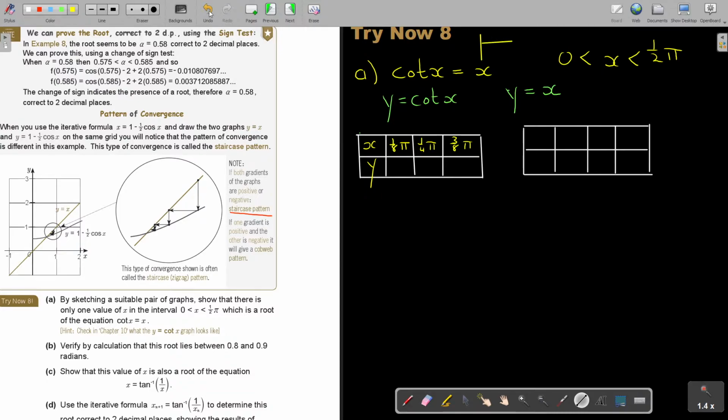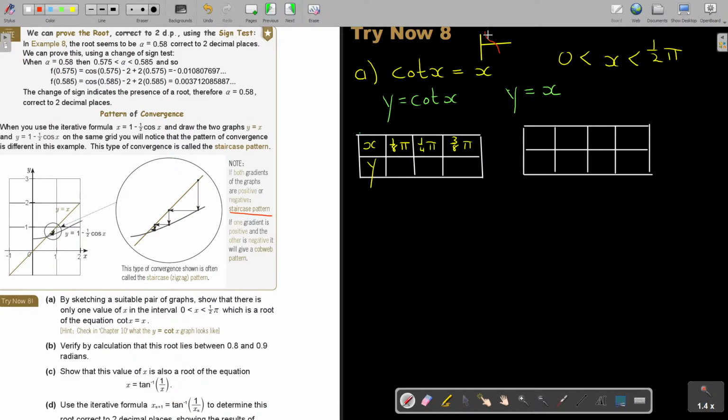With cot, it's the opposite, where the normal graph of tan goes like this, this one is almost in the opposite direction. It's doing something like that. So it's that little part that I'm going to get there. Just keep it in mind.